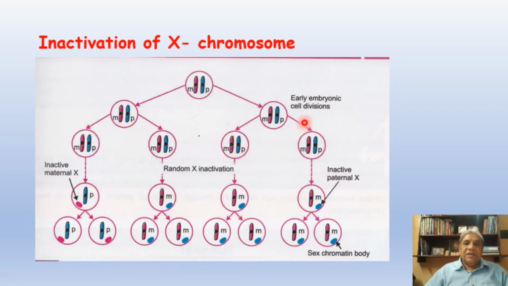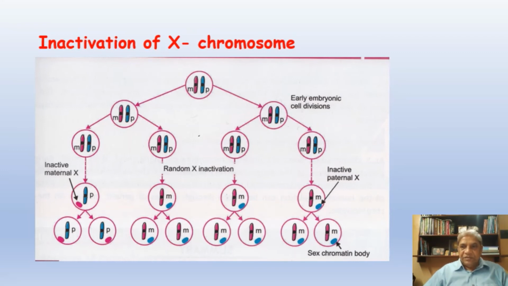Now in the other half, again a similar thing is shown here. Here you can see that the maternal is active in both, and in subsequent divisions only the maternal X chromosome will remain active and the paternal will remain inactive. This is just to show you that subsequent cell divisions will have the same chromosome inactivated all the time.